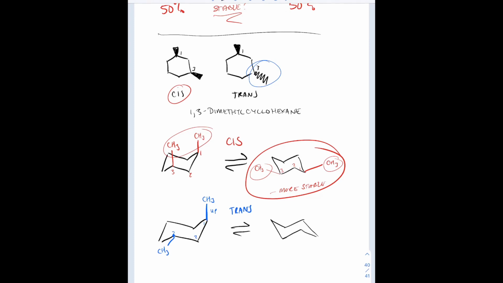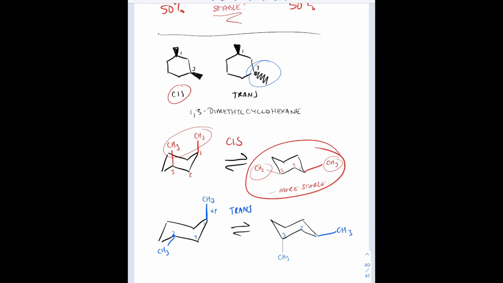All right, so let's do a chair flip and see what happens. This is the 1 position, then the 2, and then the 3. And since it was an up methyl, we want to place that there. And the 3 position, it was supposed to be down, so that means we're placing it down there as well.